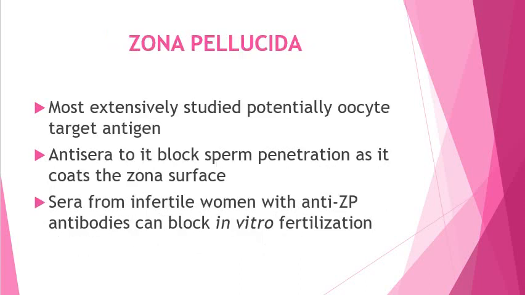Another factor related to fertility is the zona pellucida, which is the most extensively studied potential oocyte target antigen. Anti-sera to it block sperm penetration as it coats the zona surface. Sera from infertile women with anti-zona pellucida antibodies can block in vitro fertilization and account for failure of this process.